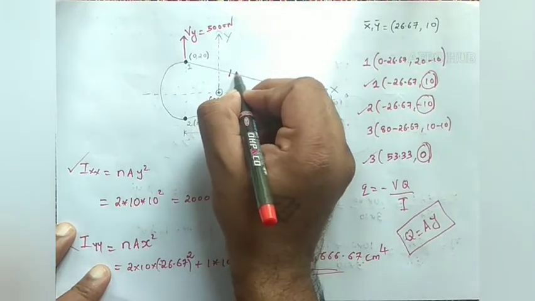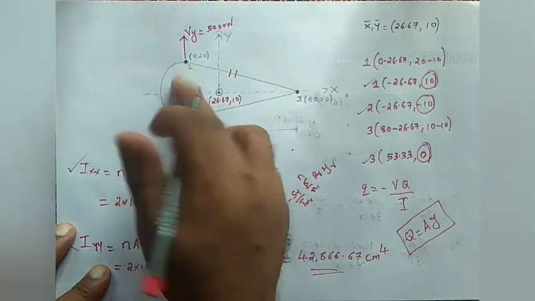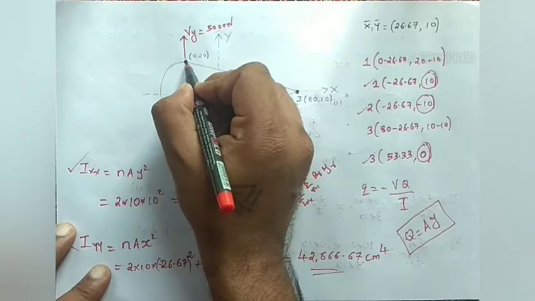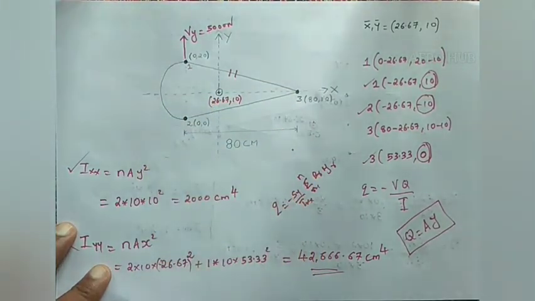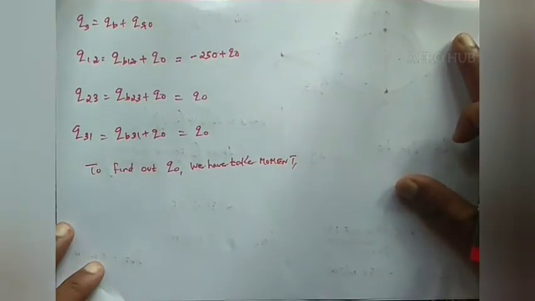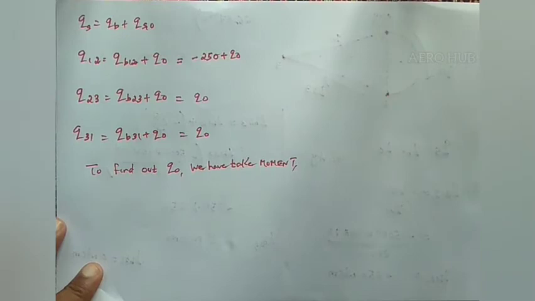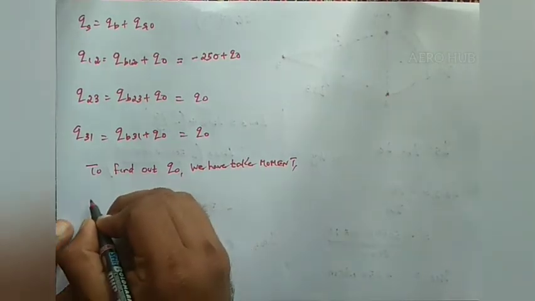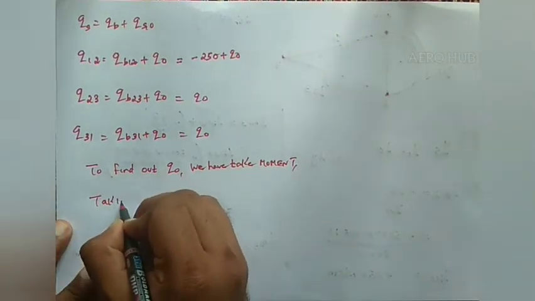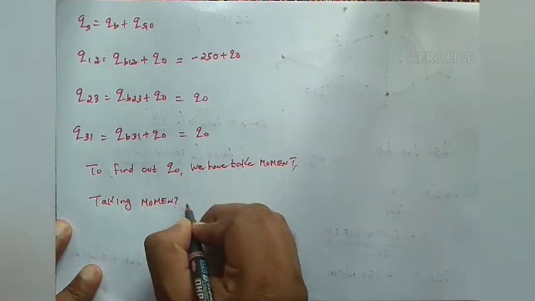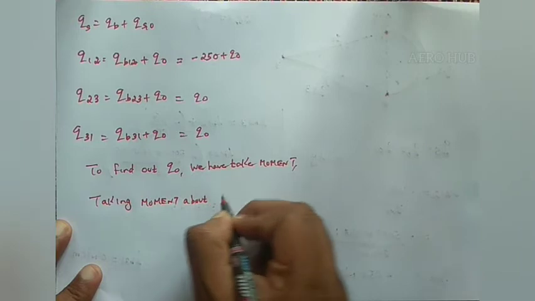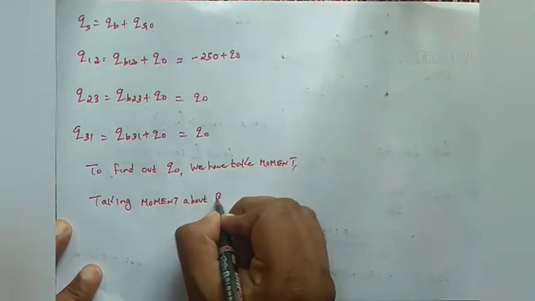Since I have made a cut on this portion, it is always better to take moment about point 1, where the boom area 1 is present. So, taking moment about point 1, boom area 1.